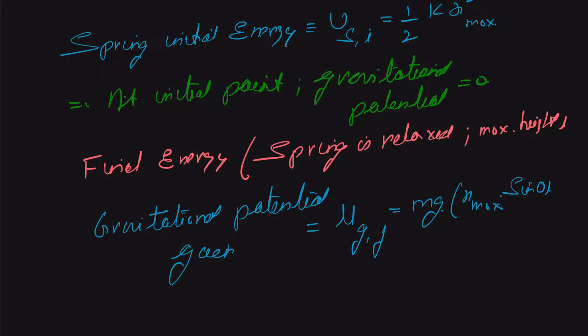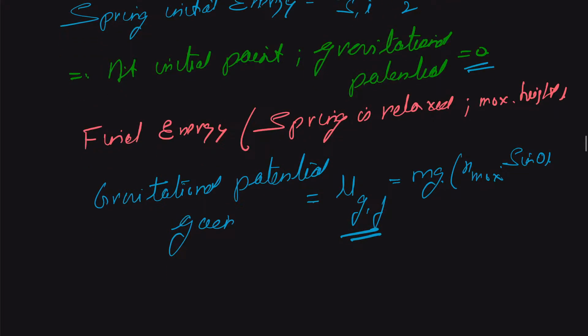Otherwise it would be a little bit tricky to find the height. So we put the initial point's gravitational potential as 0, which makes this calculation easy, and we can directly find the gravitational potential gain at maximum height.